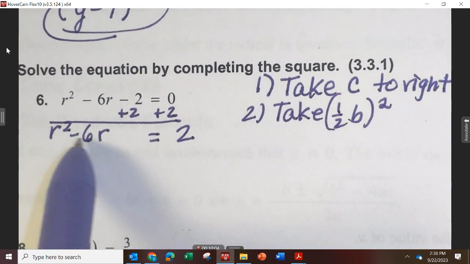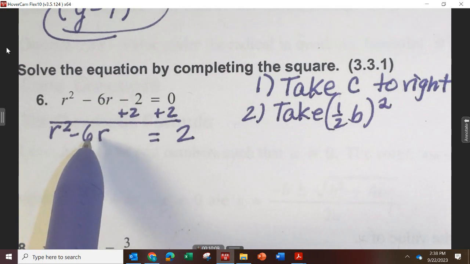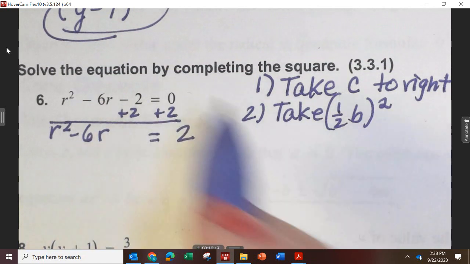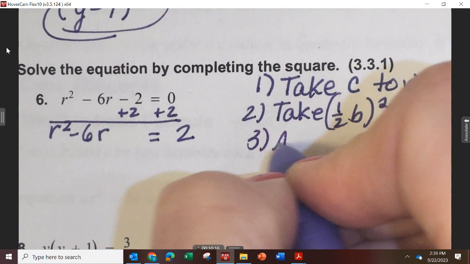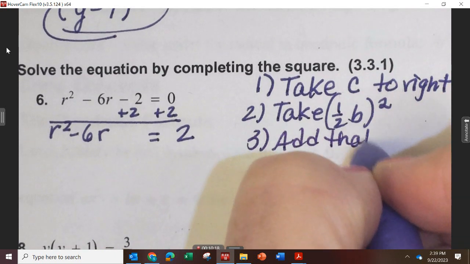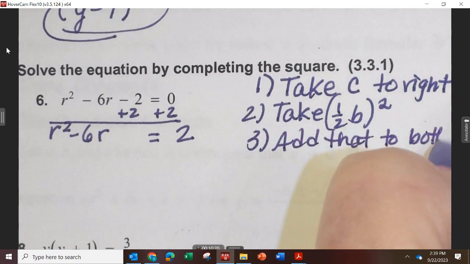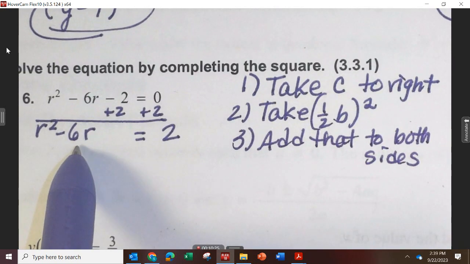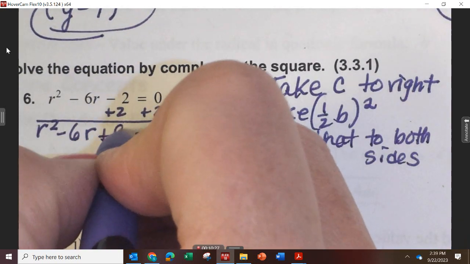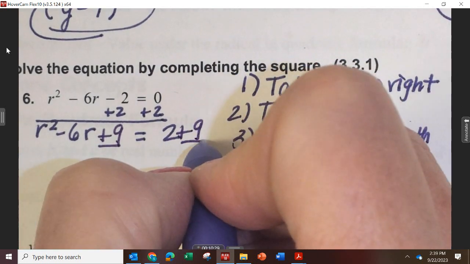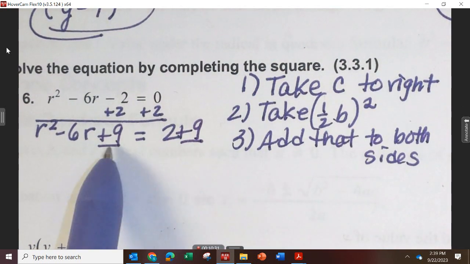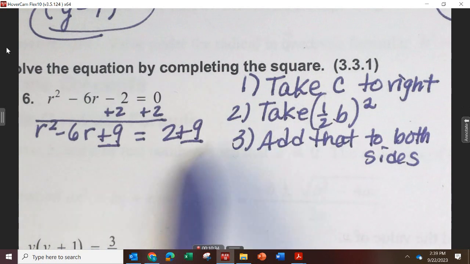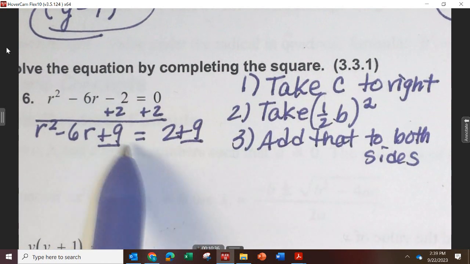So what is half of negative 6? Negative 3, and square it. What do you get when you square it? 9. And we're going to add that to both sides. So I have to add that 9 to the left side and to the right side. The reason I have to do that is because I'm not changing the equation if I add it to both sides. It's still equivalent.